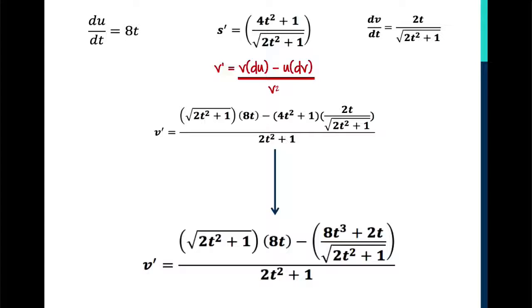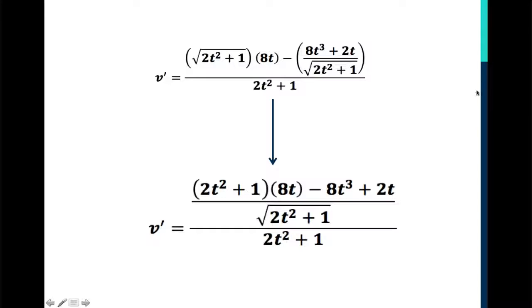And then we can see here that we have combined the two expressions, the two terms rather, in the numerator.